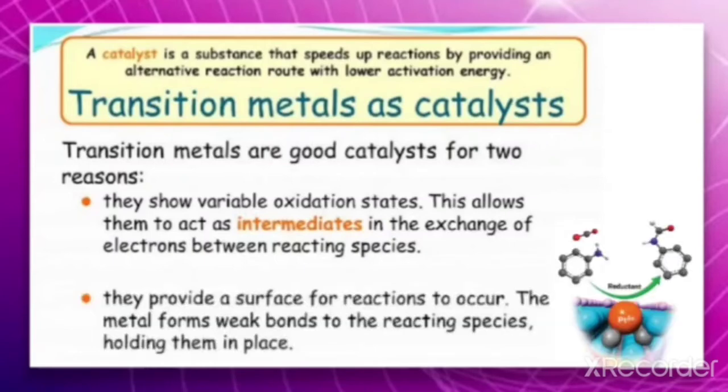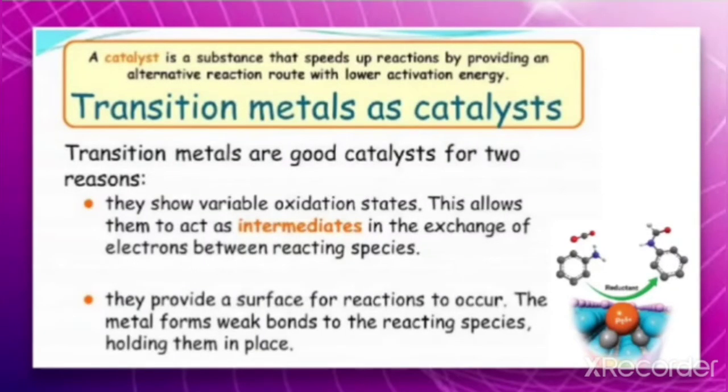They provide a surface for the reaction to occur. The metal forms weak bonds to the reacting species, holding them in place. Here it provides a greater surface area for the reaction to occur. Because of these two reasons, we can say that transition metals act as catalysts.